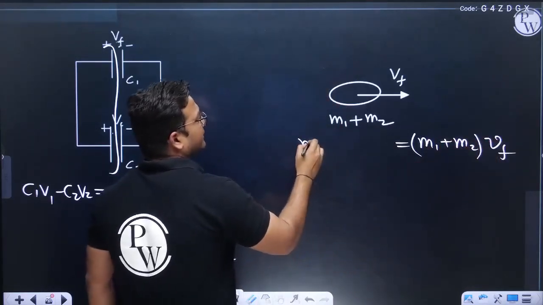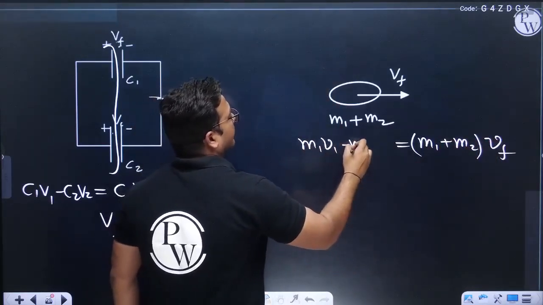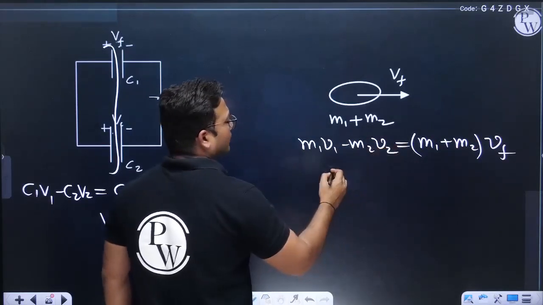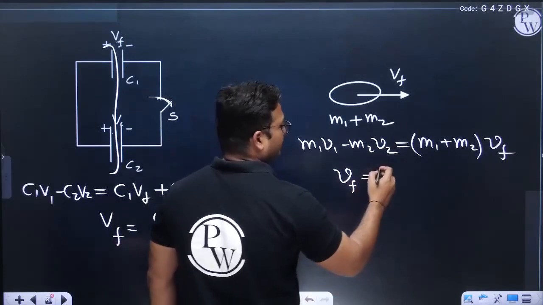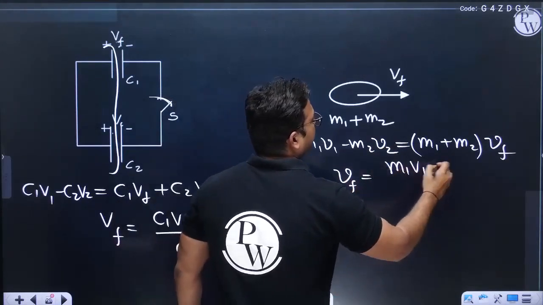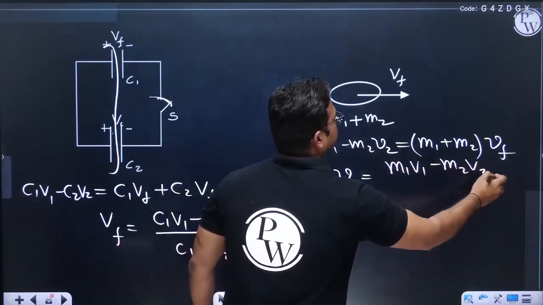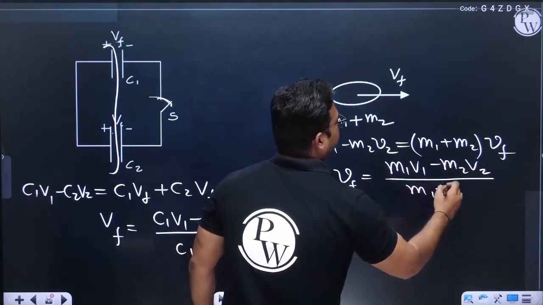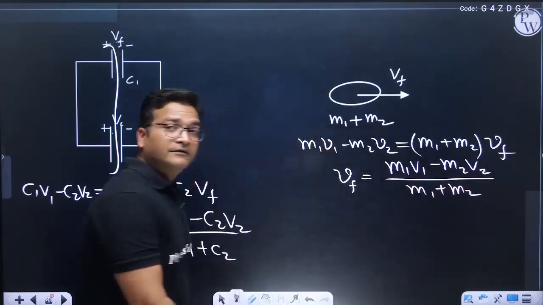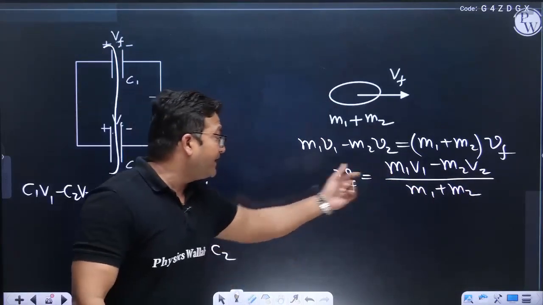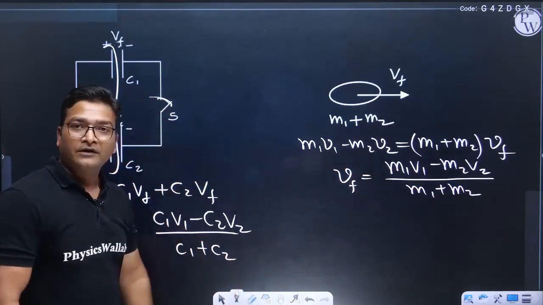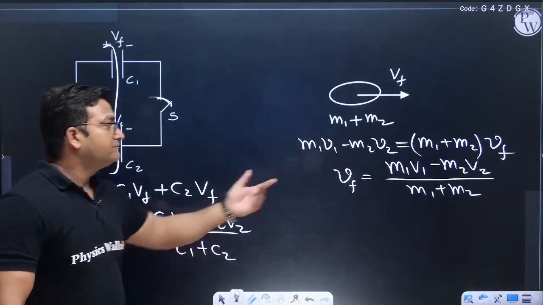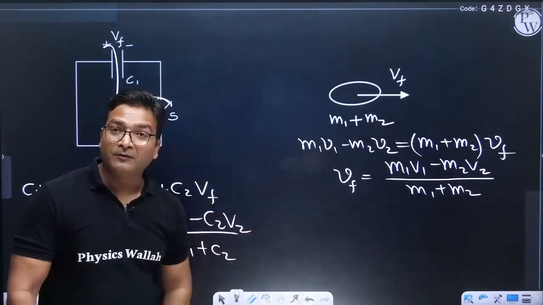So the final velocity becomes m1 v1 minus m2 v2 divided by m1 plus m2. By replacing masses by capacitances and velocities by voltages, you can know the final voltage just by looking at the formula for final velocity.